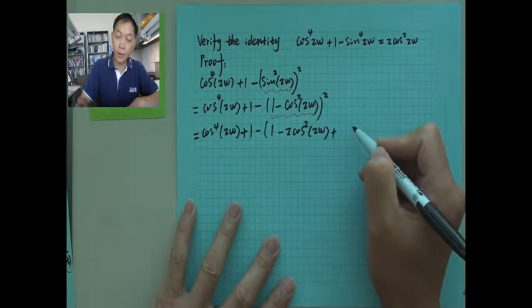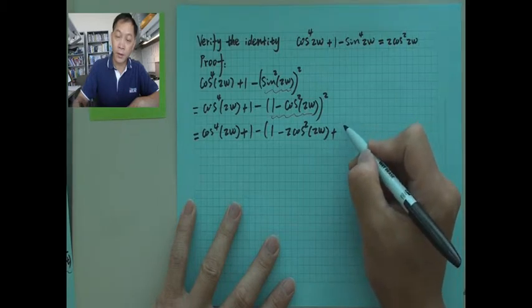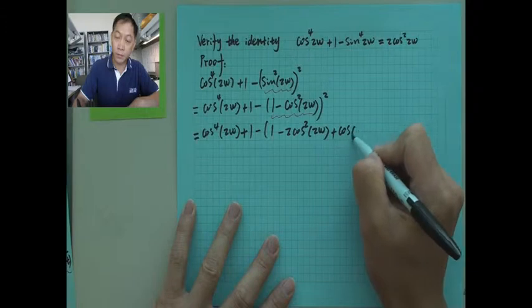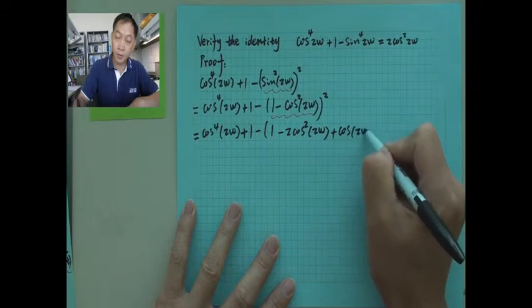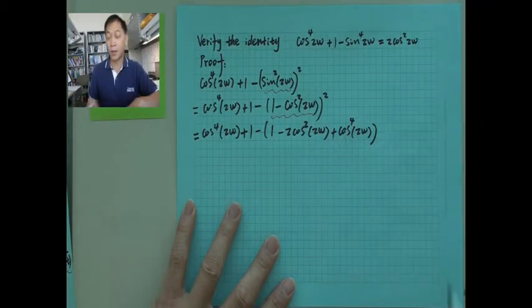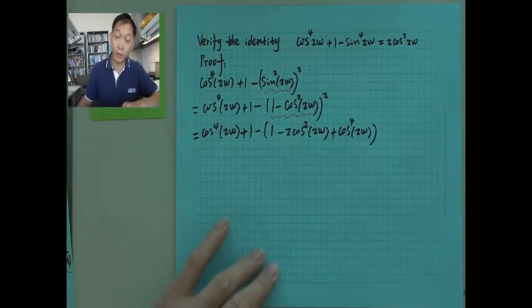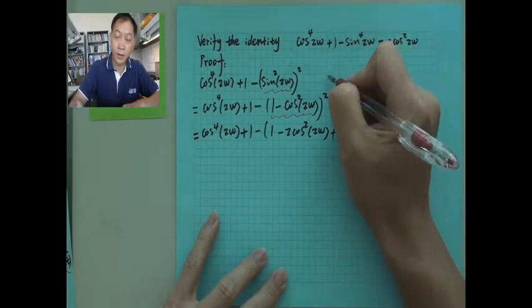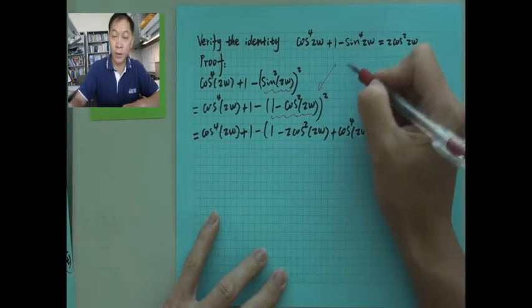If you FOIL it out, you'll remember that 1 minus 2 cosine 2 omega squared plus cosine 2 omega to the fourth. You may wonder, how did this one come out? Let's work on that. Okay, let's look at this one.